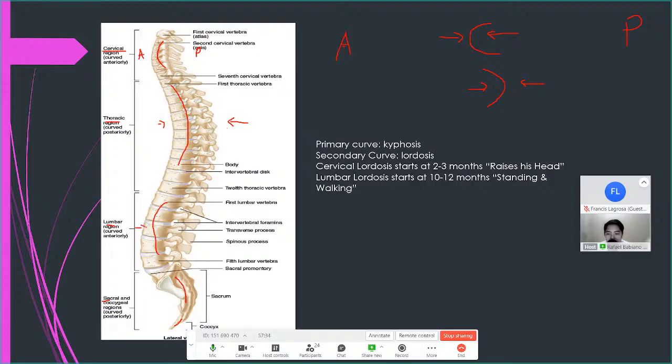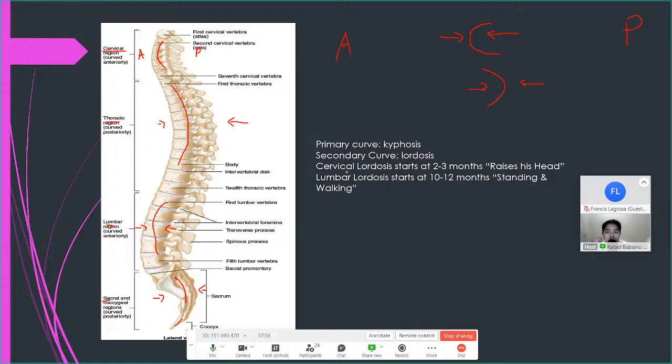Lumbar, anteriorly convex, posteriorly concave. This is a lordosis. Your sacrum, anteriorly it is concave, posteriorly it is convex. It is a kyphosis. Your coccyx doesn't really matter because it's just that tip. So basically, these are the curves we see in the cervical, thoracic, lumbar, and sacral regions.